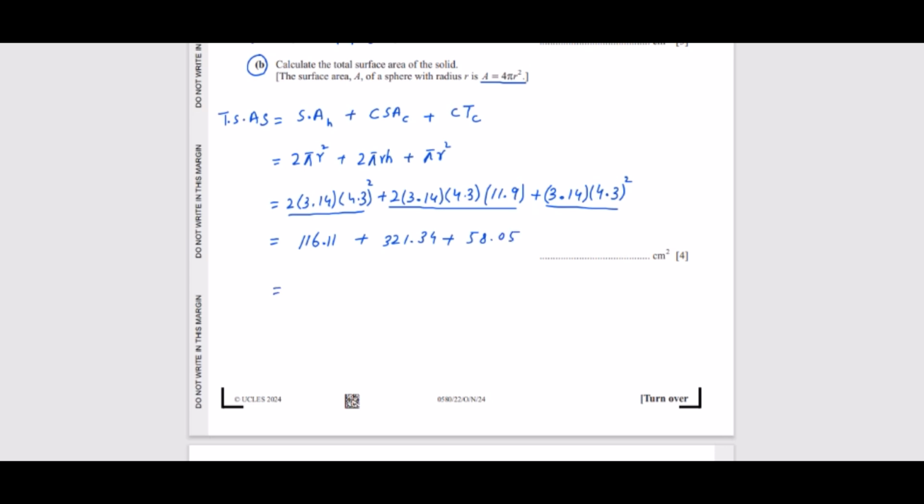Sum of these values, that is equal to 496.0 centimeters square. This is our final answer.